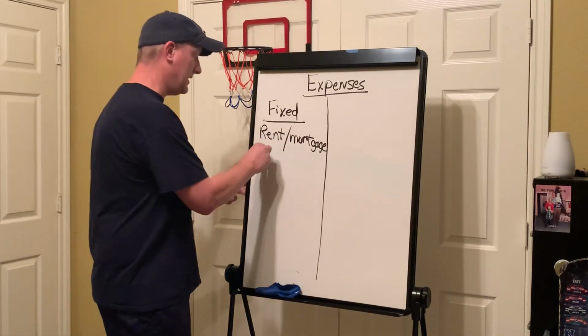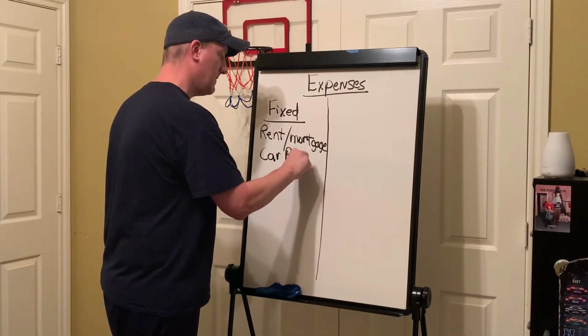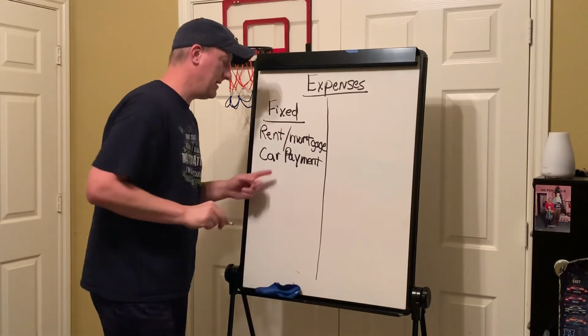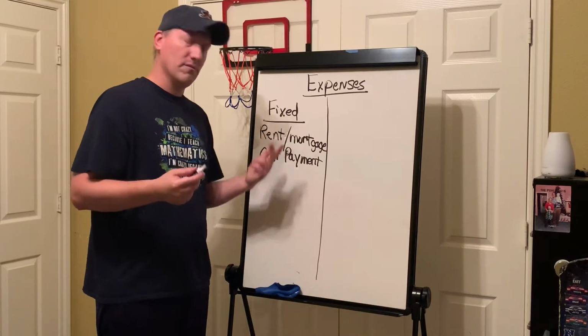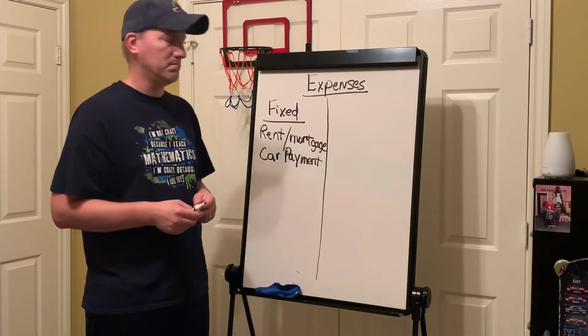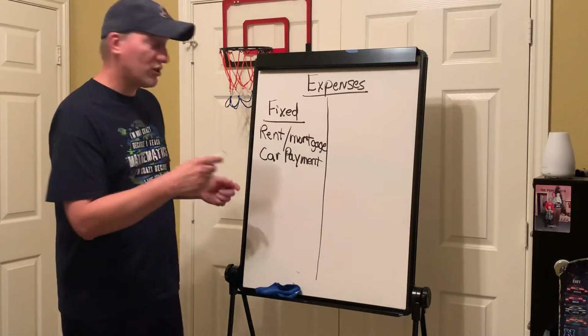The second thing is your car payment. So if you have a car payment, which most of us do, me and my wife pay on a car, and we make the same payment every month to the bank. Your car insurance.